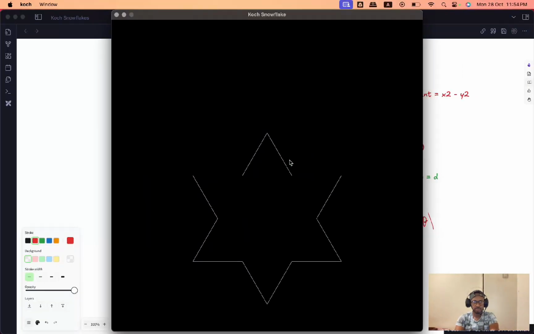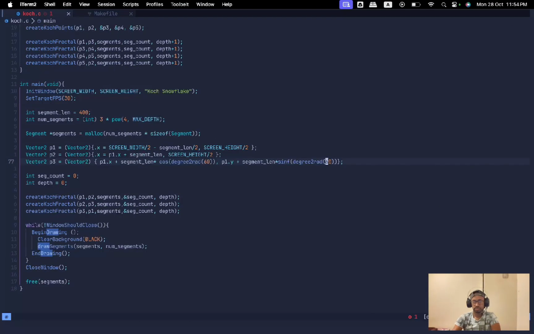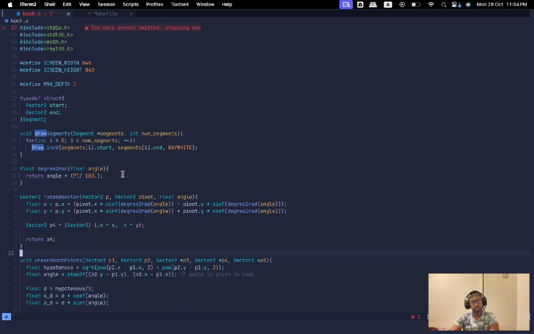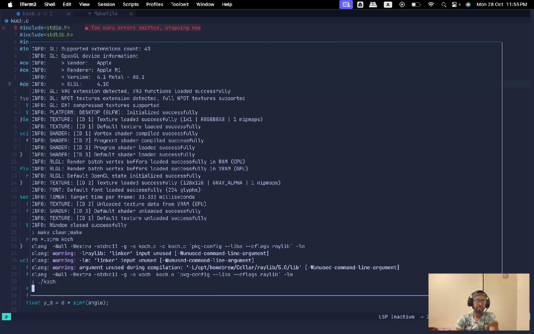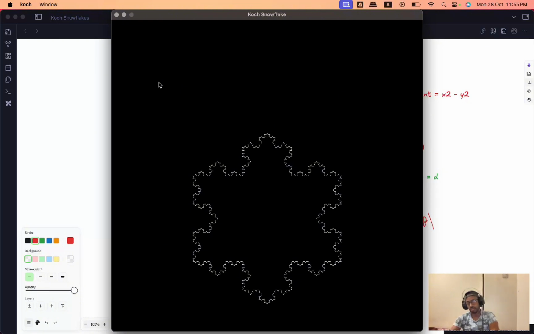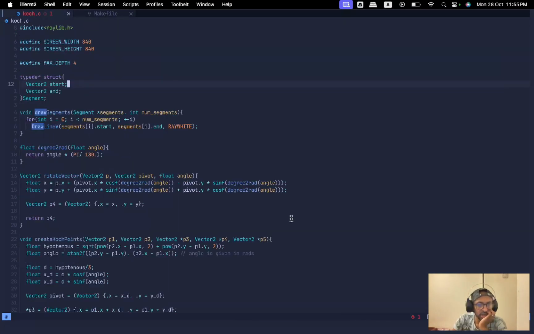Okay, it's inverted, but okay. So let me increase this depth to 4. Let's check. Yeah, it works, but I'm not sure what I did wrong here.